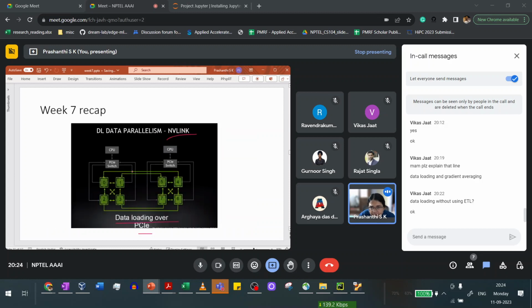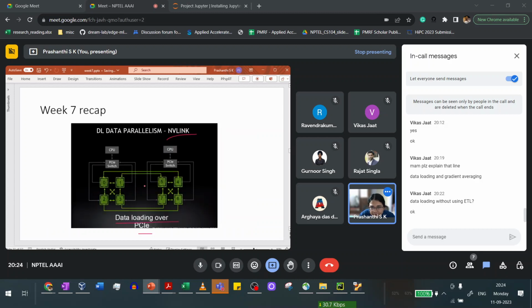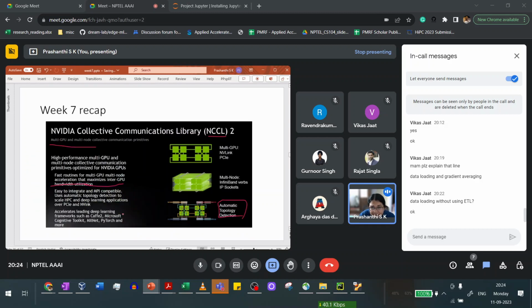It will smartly distribute the workload so that we won't encounter some of these congestion bottlenecks. Basically, it's topology aware communication. And the next point, as you could predict, is that it's easy to integrate, and MPI is one of the standard communication libraries. So it's MPI compatible, and it helps scale HPC and deep learning applications over PCIe and NVLink, and supports a bunch of frameworks such as Caffe, Microsoft Cognitive Toolkit, MXNet, PyTorch, etc.